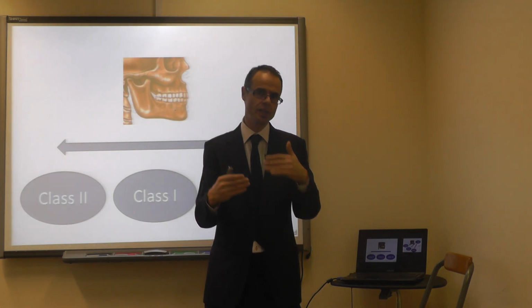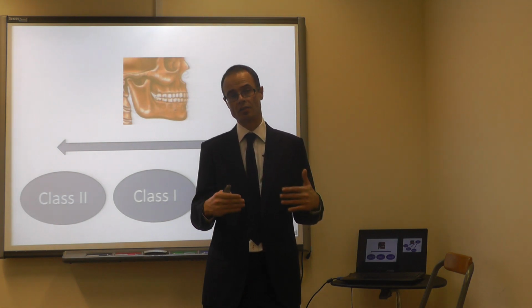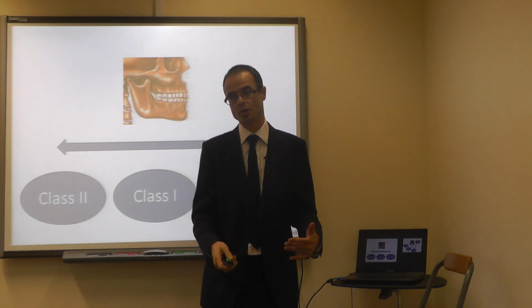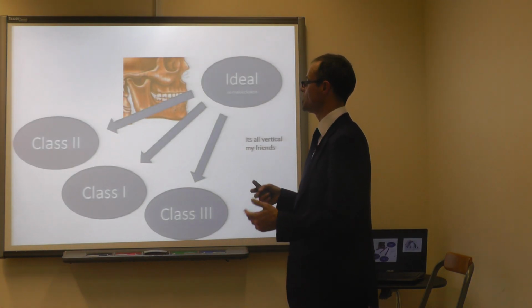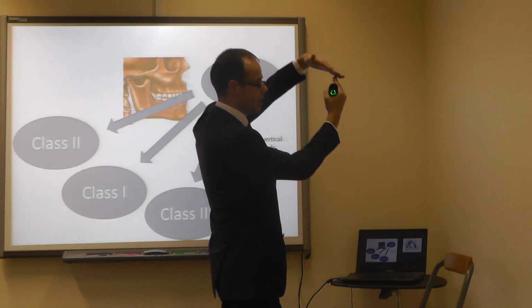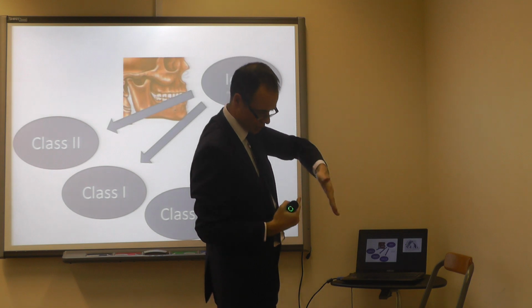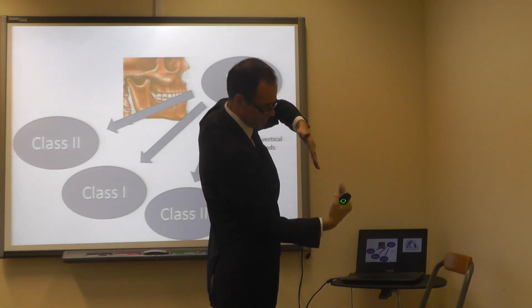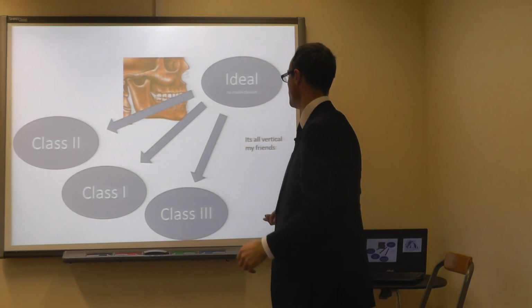And that's what the thinking gains us from using our modern cephalometric norms. Well, if we change our norms to an ideal, it gives us a very different concept. It gives us a concept where we're dropping down to class 1, we're dropping down to class 2, we're dropping down to class 3, and a very different pattern of thinking, a very different way of looking at the world.